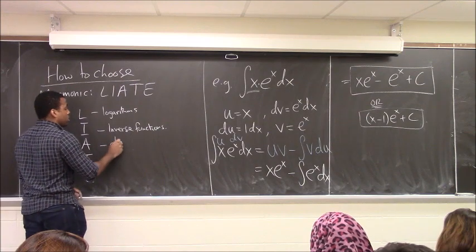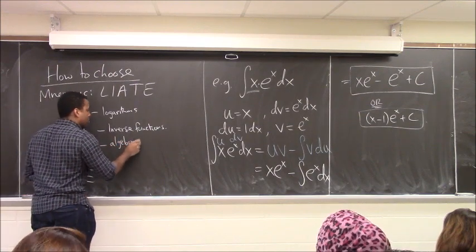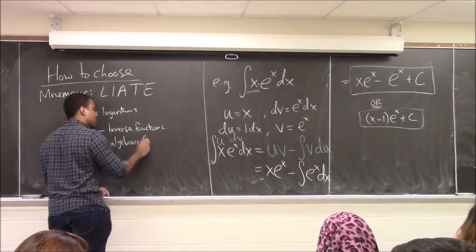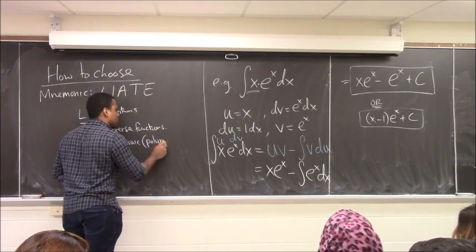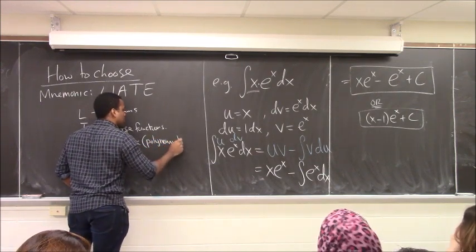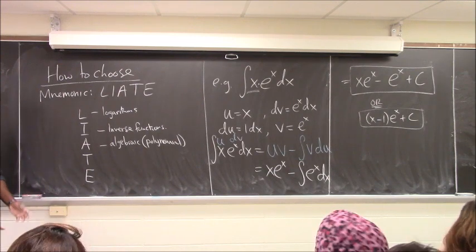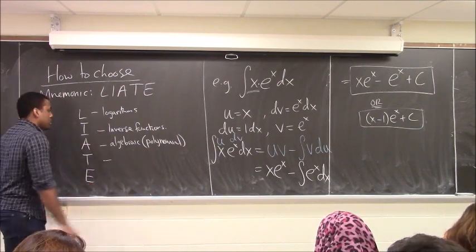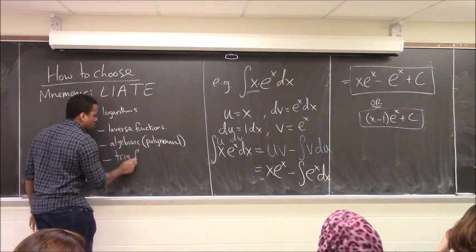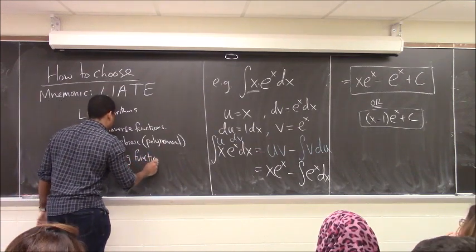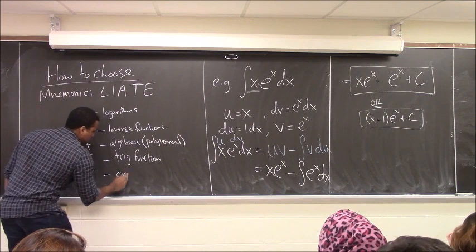A stands for algebraic. This is where that LIPTE joke comes from, because when they say that, they mean polynomials. Algebraic doesn't really mean polynomial, but that's what they mean when they say it here. T stands for trig functions. E stands for exponential functions.